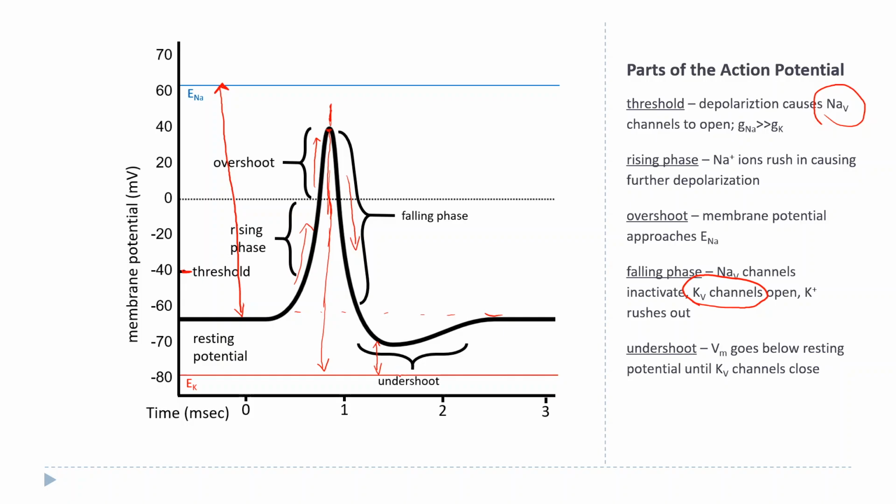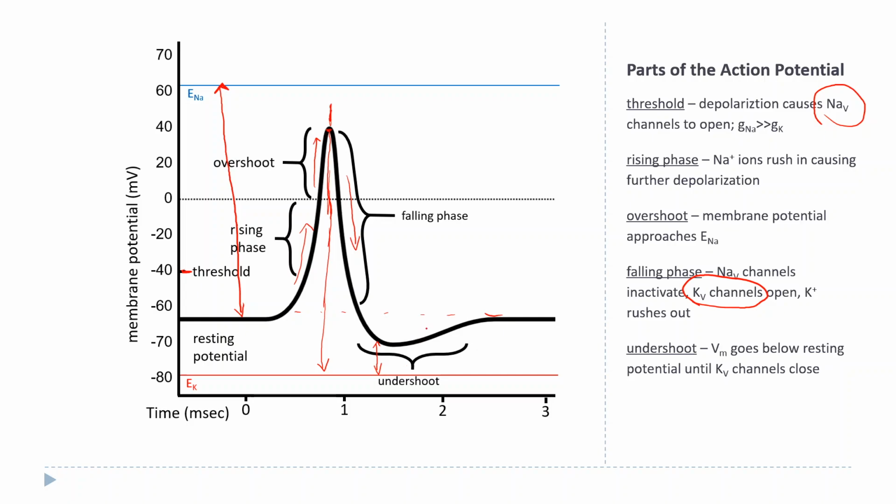Again, it doesn't quite get there because, one, there are still some sodium channels that might be open, and there are other ion channels that affect the membrane potential, and those voltage-gated potassium channels are starting to close because, again, they are also below their threshold. But just like the opening, they have a delayed closing, so they take a little bit longer to close.